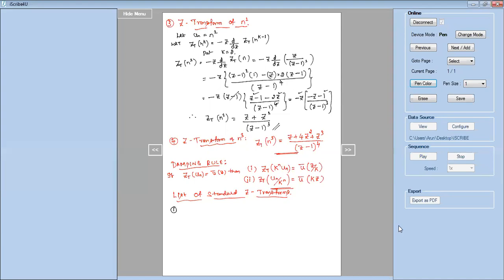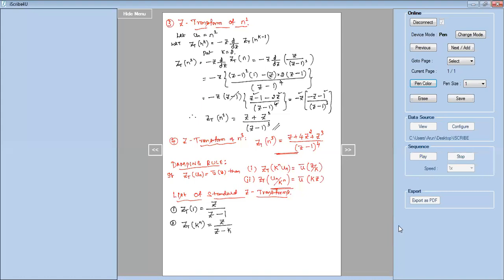The first standard formula is Z transformation of 1. What is the formula? Z by z minus 1. Second, Z transform of k power n, this already we have derived. The formula is z by z minus k.